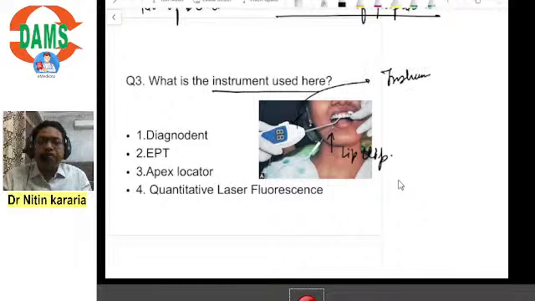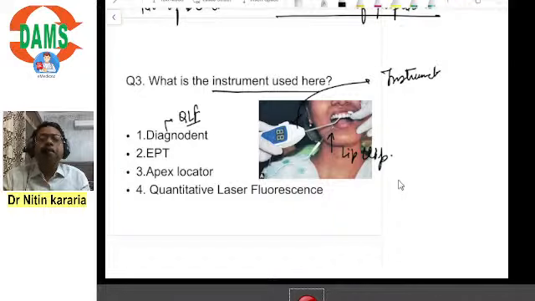So the options given are Diagnodent. Diagnodent is basically a device which is based on quantitative laser fluorescence. It is also a pen-like device which transmits laser light.